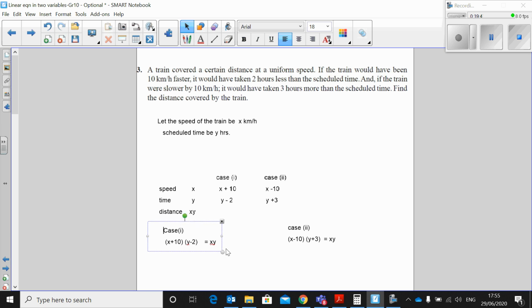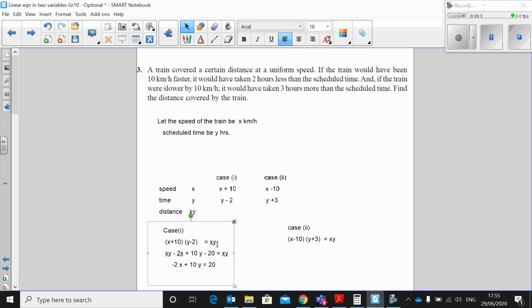Now reduce to the simplest standard form of the equation. How can you reduce both equations to the standard form? Now x plus 10 into y minus 2: xy minus 2x plus 10y minus 20, which is equal to xy. xy and xy get cancelled, so we get minus 2x plus 10y equal to 20.